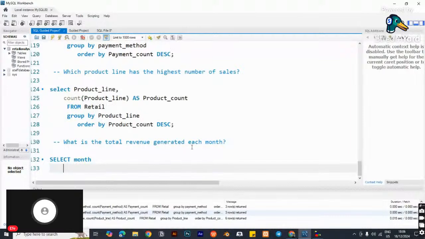What is the total revenue? Can someone type it in the comment box? What do you think we do next?